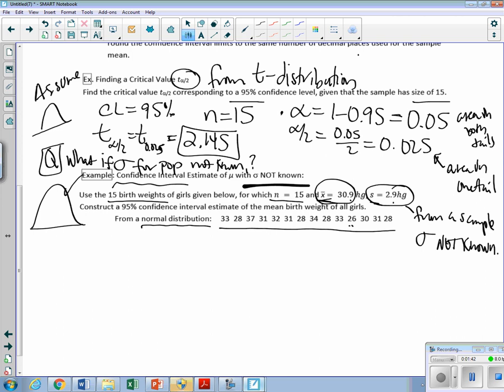So we're asked now to construct a 95% confidence interval estimate of the mean birth weight of the total girls. It's kind of nice, we already did the work of figuring out our t value. Let's look to our formula page to see what margin of error we're going to calculate. Since we're asked to construct a confidence interval estimate of the mean, we should be able to see that this is the confidence interval we're talking about.